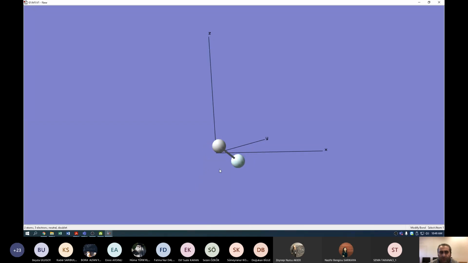So I can have this rotation towards me, or I can have this rotation towards the board. There are two different rotations.